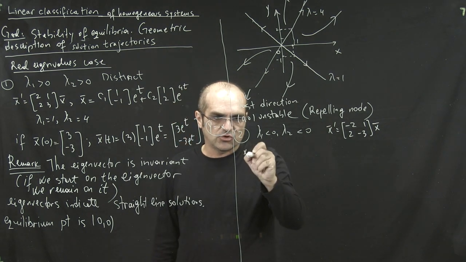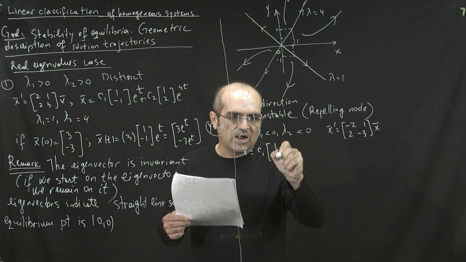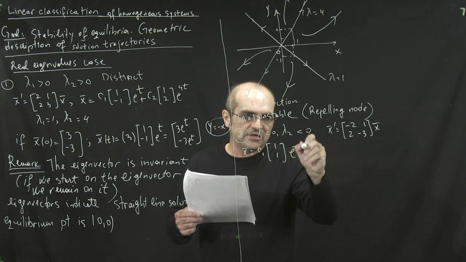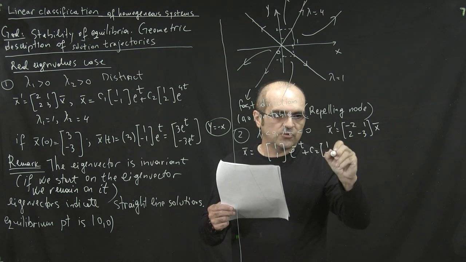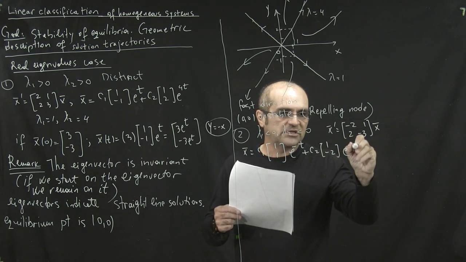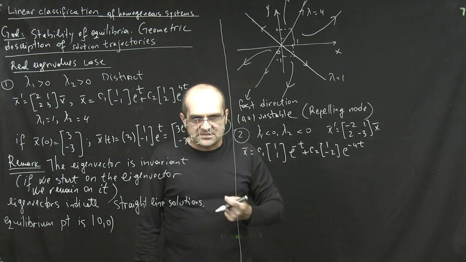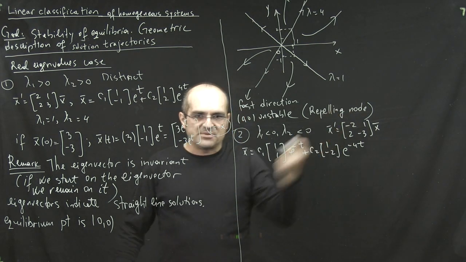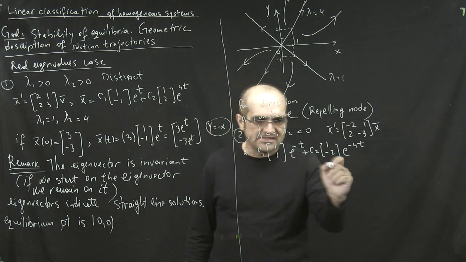So, in this case, the solution is C1, 1, 1, e to the minus t plus C2, 1 minus 2, e to the minus 4t. So you have the same idea that e to the minus 4t is faster than e to the minus t, but now in the opposite way, it pulls the solution towards 0 along these eigenvectors.